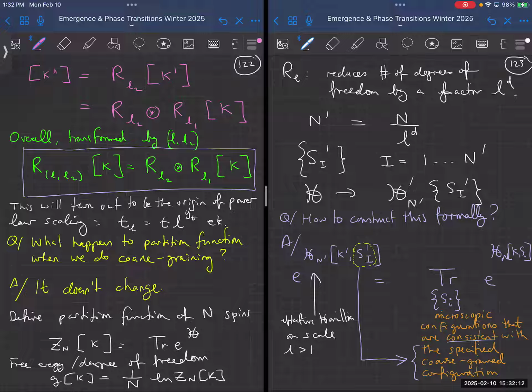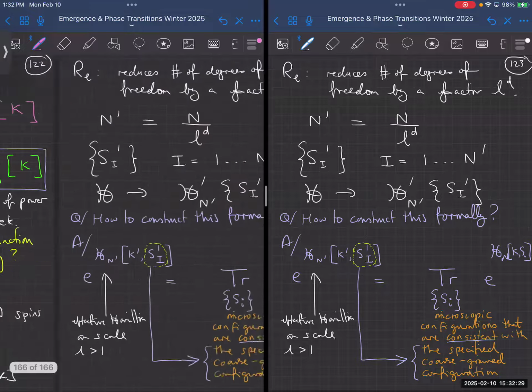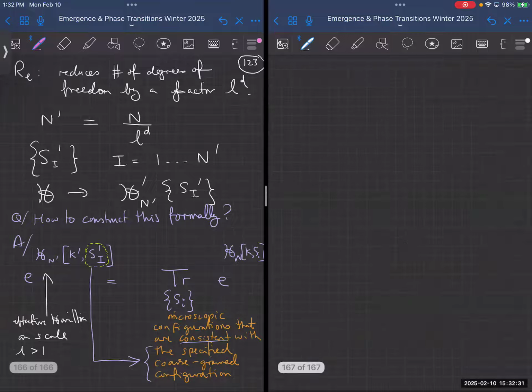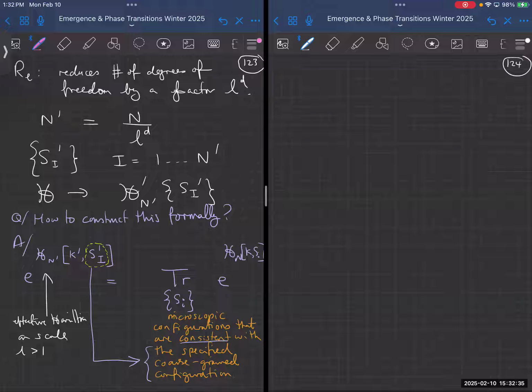So just as I promised you, what we are doing by coarse graining is we are eliminating degrees of freedom. We eliminated the microscopic configurations in order to get our block spin. And so we had to do a partial trace over all of those degrees of freedom. Okay, so now I've got this effective Hamiltonian.